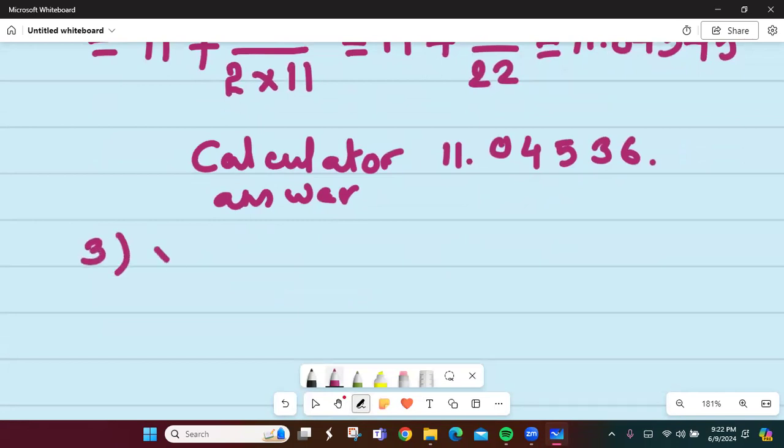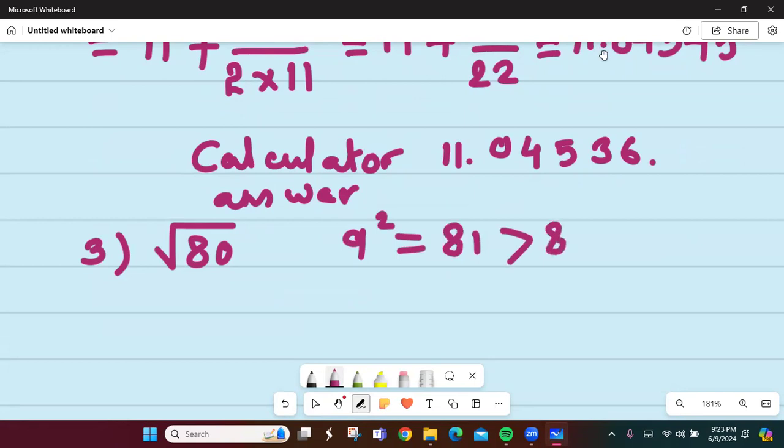Say I'm finding the square root of 80. Now for 80, the nearest square is 9 square, 81. And 81 is greater than 80. Secondly, the difference between 81 and 80 is 1.